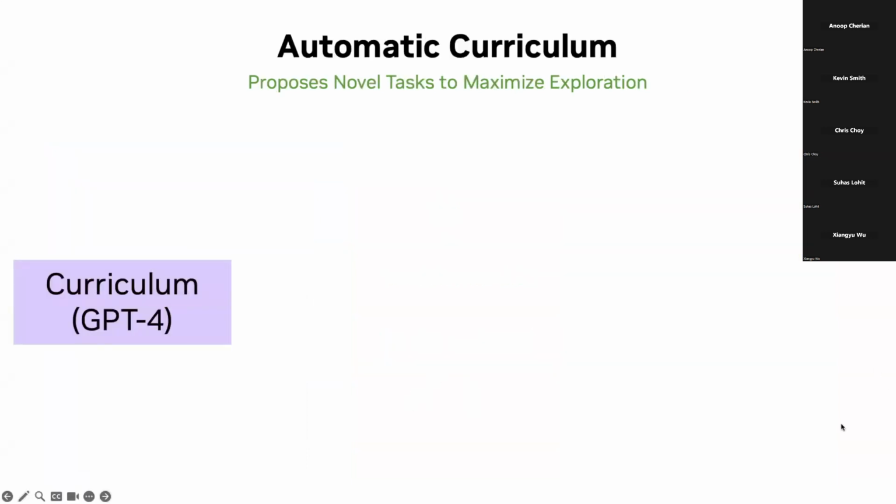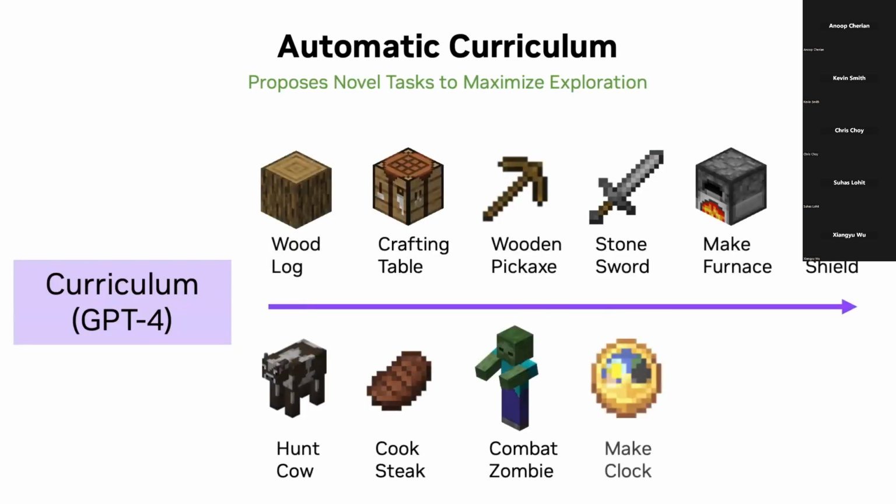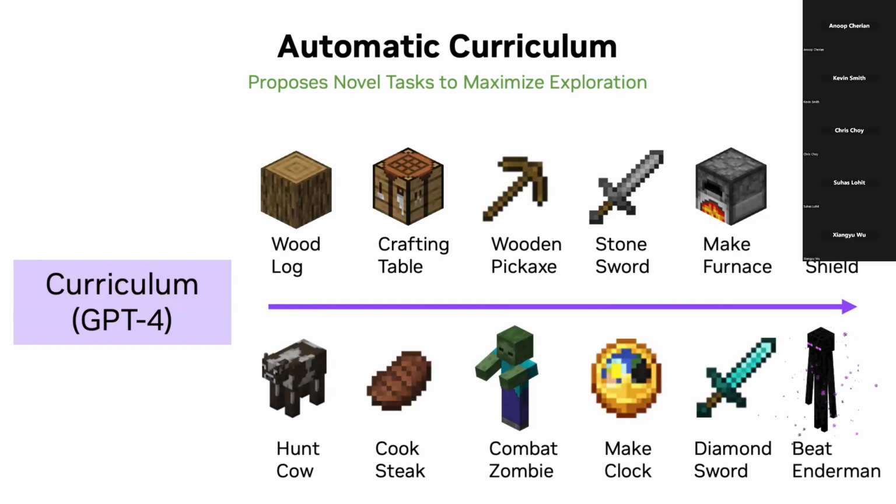And finally, we have yet another GPT-4 that proposes what task to do given its own capacity at the moment. You can think of this as an automatic curriculum. This curriculum has an unsupervised objective, which maximizes the number of novel items that an agent obtains.